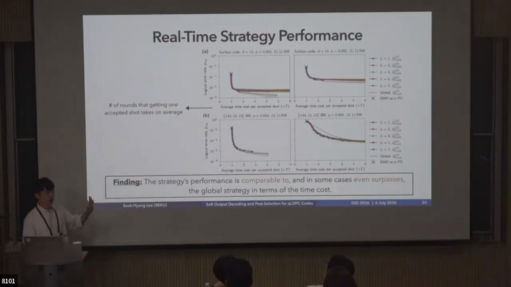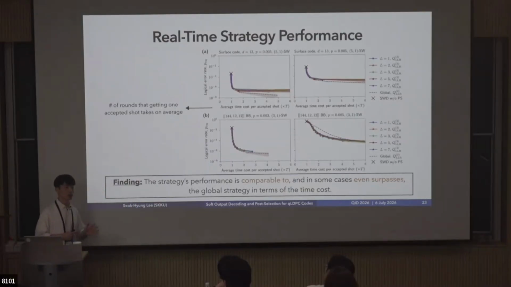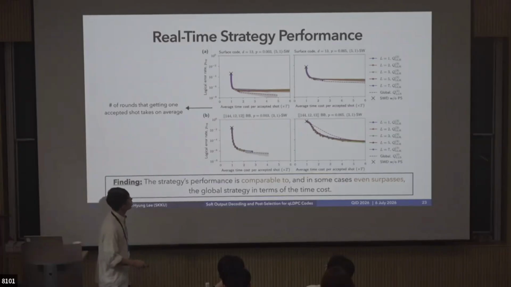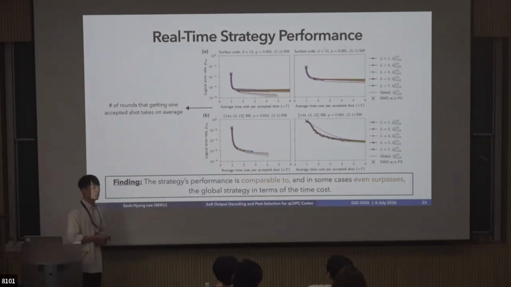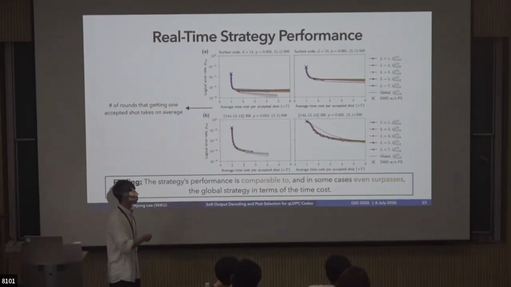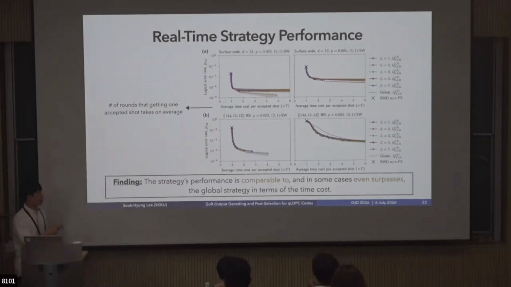For the global strategy, it is just 1/abort rate, but for the real-time strategy, since we have intermediate abortion, it is more. We thought this is a better metric. The dashed lines are for the global strategy, and the sliding window method, the real-time variant of our strategy, shows similar or better post-selection performance than the global strategy in terms of this metric.